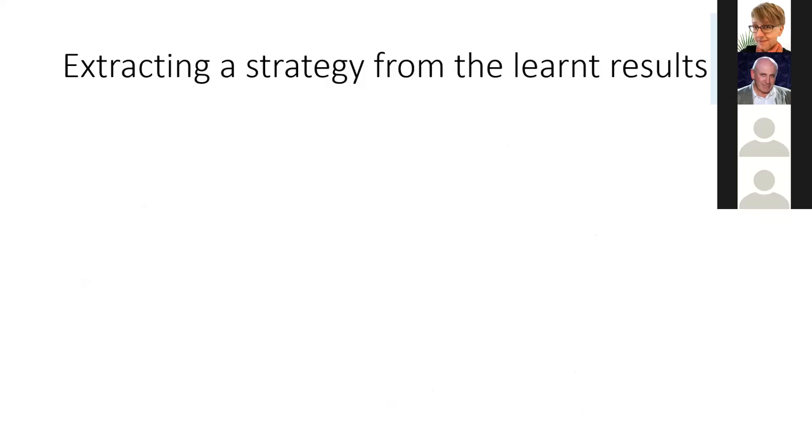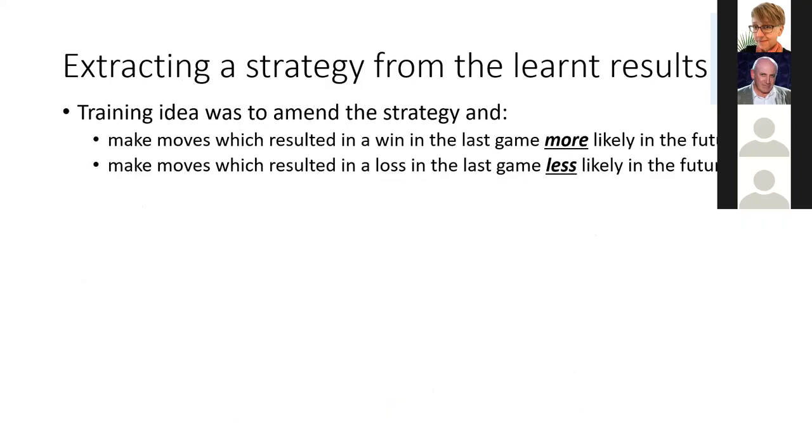Okay, so now I've got a number of wins and a number of losses. What do I do with it? I need to extract the strategy from that. And going back to what was on an earlier slide, the idea was that if we win, we make it more likely that we do that thing that resulted in a win, and if we lose, then we're less likely to do that thing when we play the game again.